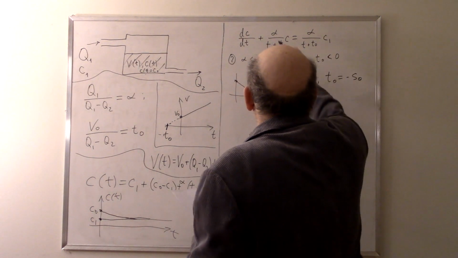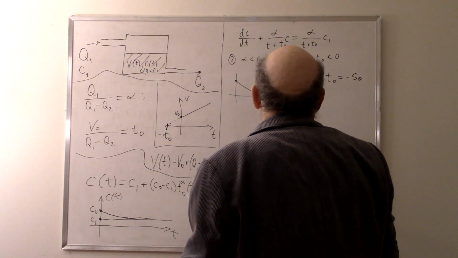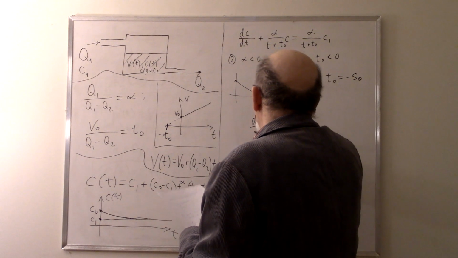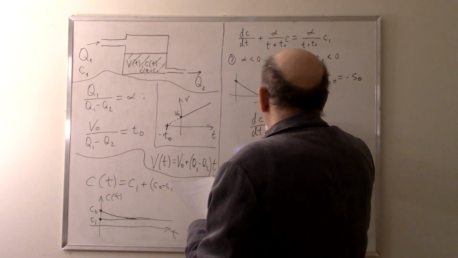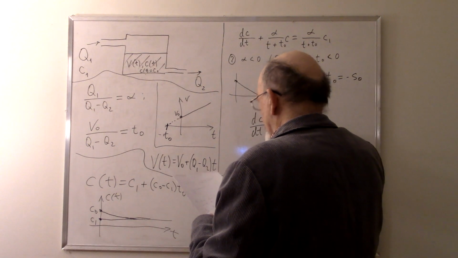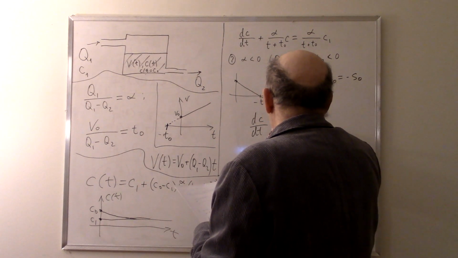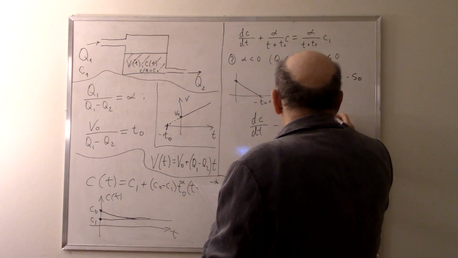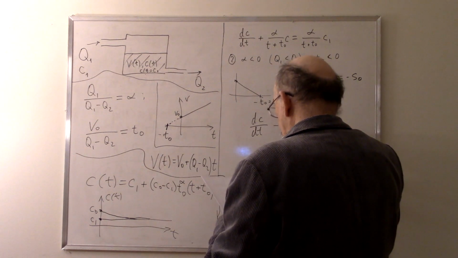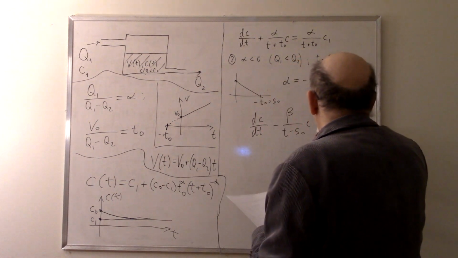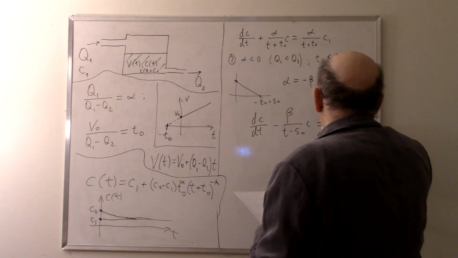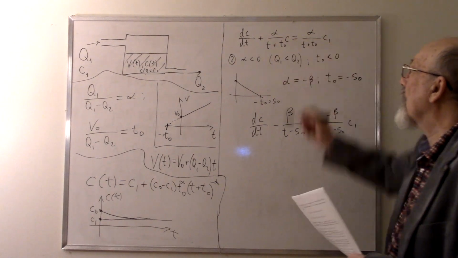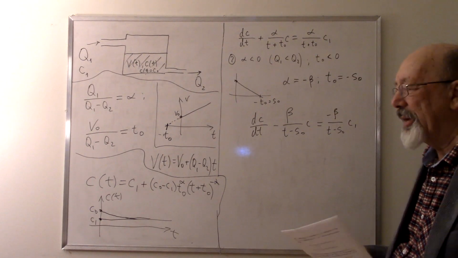If you substitute alpha is minus beta and t0 is minus s0, dc/dt minus beta divided by (t minus s0) times c equals minus beta over (t minus s0) times c1. The same equation, because this equation was good for both positive and negative alpha.